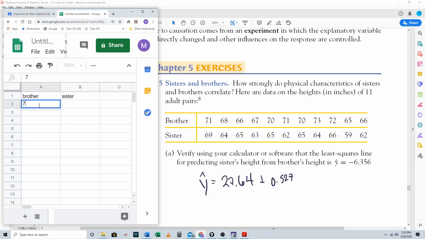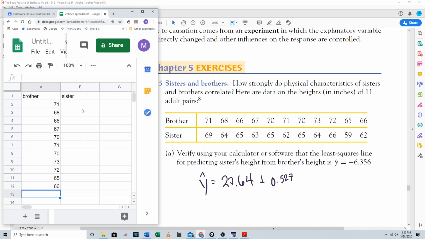All right, then we have 71, 68, 66, 67, 70, 71, 77. No, not 71, 77, 71, 70. Why are you going so slow? 70. There we go. 73, 72, 65, and 66.